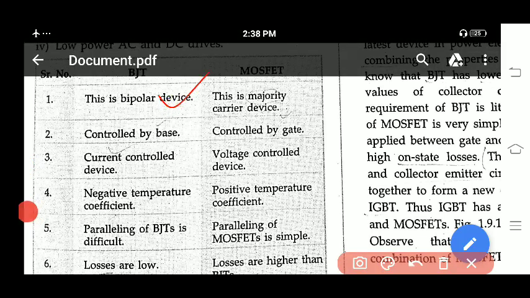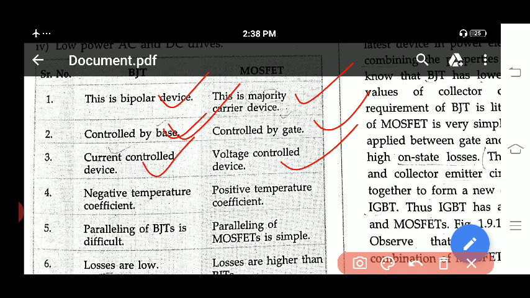This is the bipolar device, and this is a majority carrier device. This is controlled by the gate. This uses the base. BJT is a current control device and MOSFET is a voltage control device. Why can you call BJT current control?